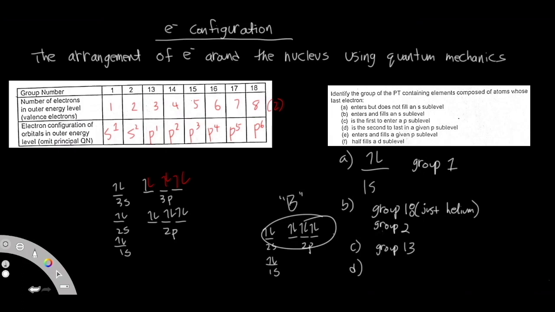There is a max, the Pauli exclusion principle, remember? So second to last would be this way. It's almost filled, but there is 1 empty. So what would this be? Well, if you were to count this up here, this would be 1, 2, 3, 4, 5, 6, 7, 8, 9. Where is 9 on the periodic table? It'll be fluorine. Fluorine is a halogen, so this would be group 17.